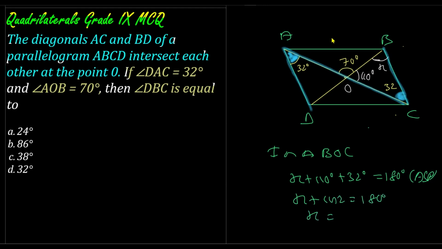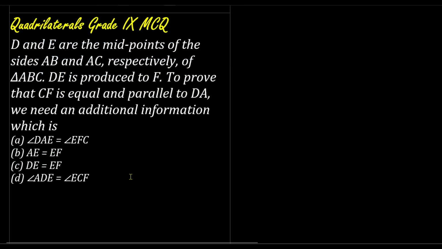On transposing 142 to the other side, it will be minus 142. So it should give you how much? From 180, we are going to subtract 142. So it's 38°. So we'll say that C is the correct option in this case.